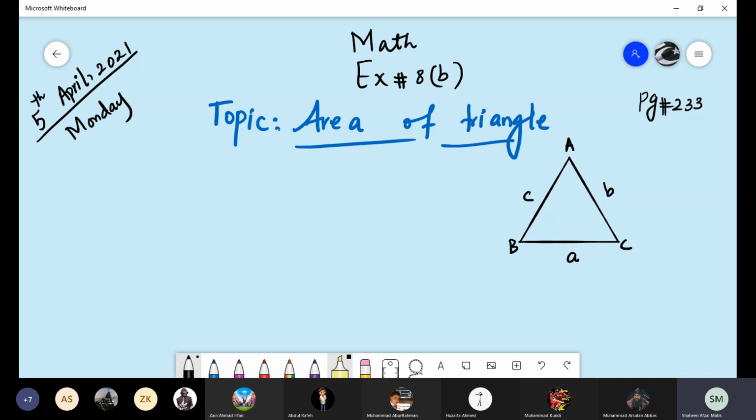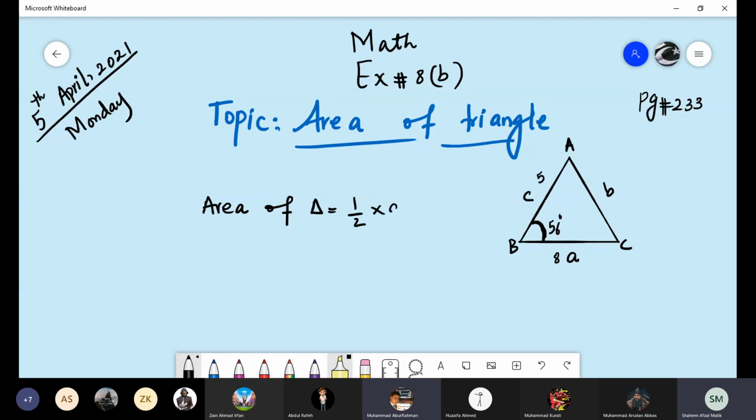If any two sides are given and their included angle is mentioned, suppose one side is 5 centimeter, the other side is 8 centimeter, and the angle is 56 degree, how will you find the area? Yes, boys, give me the answer. Half base into height into sine.